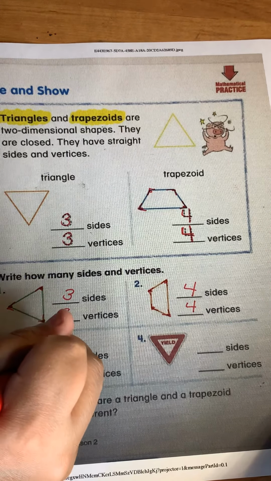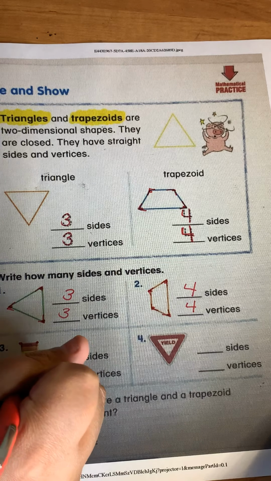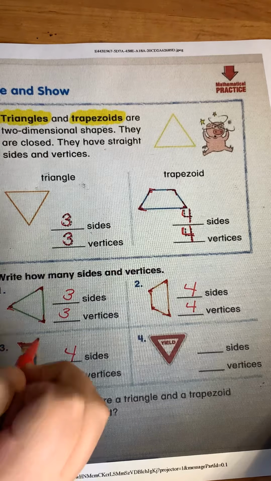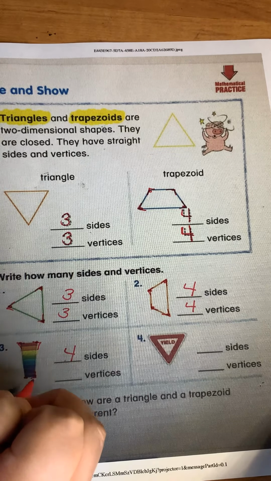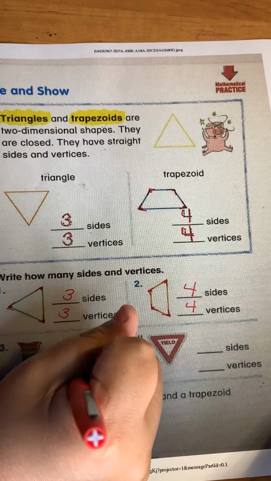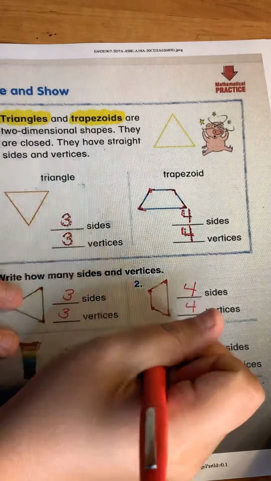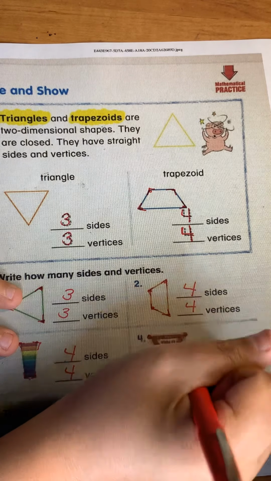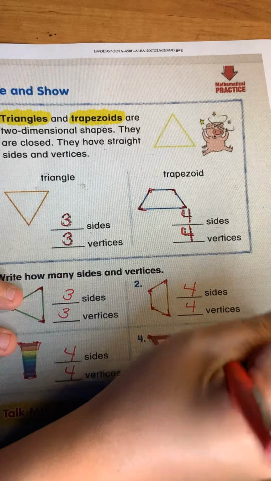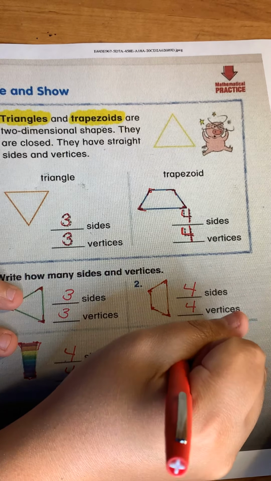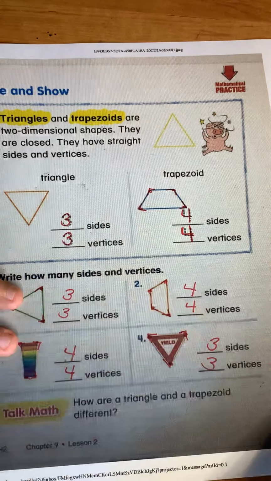It has 1, 2, 3, 4 sides, and it has 1, 2, 3, and 4 vertices. Now let's look at number 4. It has 1, 2, 3 sides, and it has 1, 2, 3 vertices.